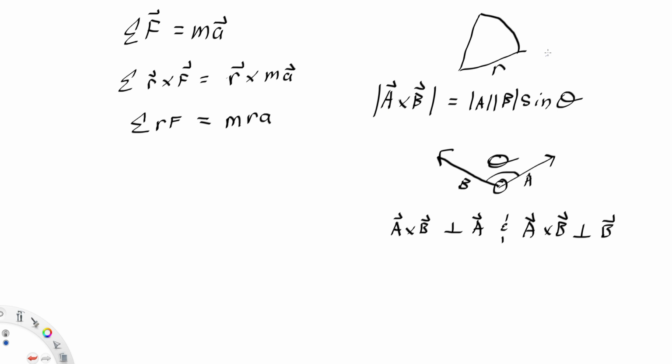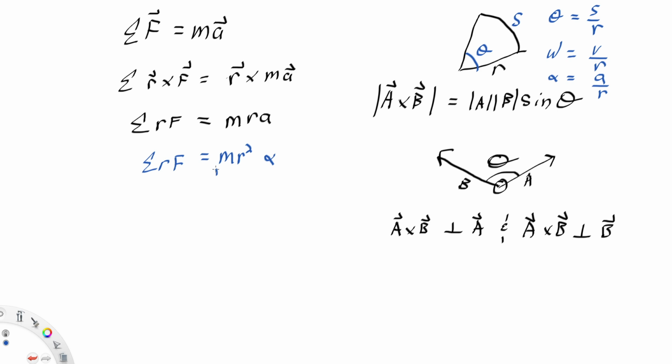If this is R and this is S, then in radians the definition of our angle is the ratio S over R. So our angular speed, the derivative of that, ends up being the velocity over the radius, and our angular acceleration ends up being a over the radius. We used this analysis to rewrite Newton's second law in terms of rotational coordinates.